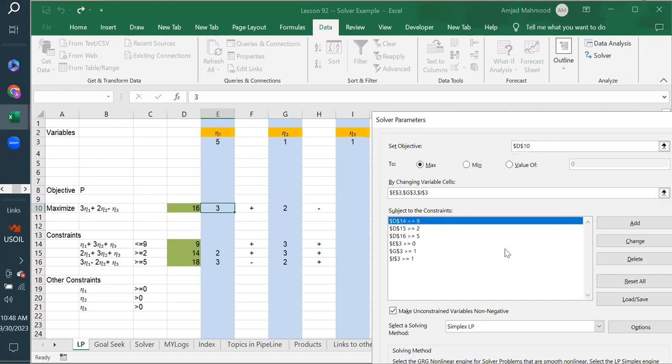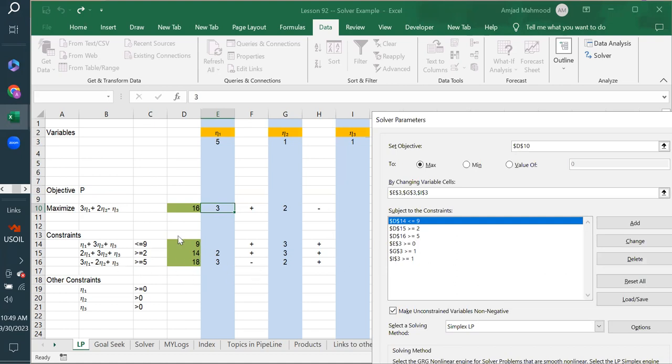And then you use the constraints. There are two sorts of constraints. Number one is that n1 plus n2 plus n3 is less than 9, right? It has to be less than 9. This has to be greater than 2. So 14 is, of course, greater than 2. And whatever it does, it's greater than 5.